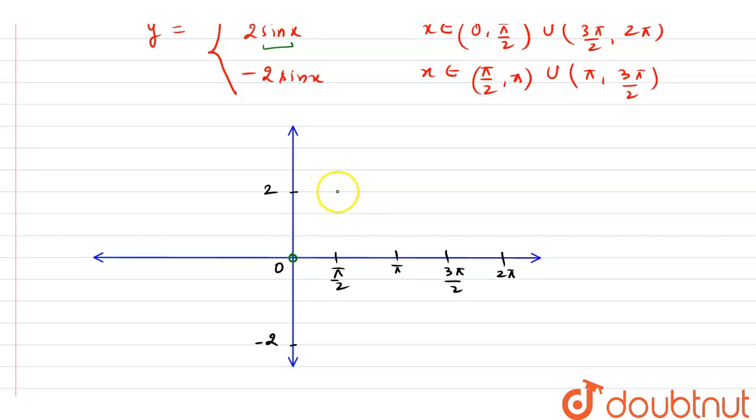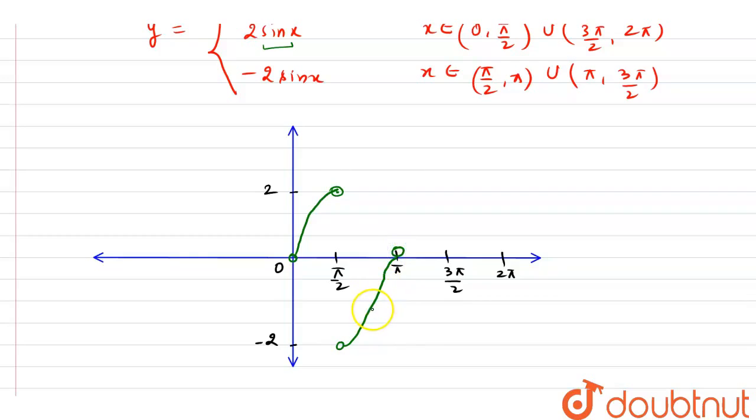So for 0 to pi by 2, your graph will be like this. Now for pi by 2 to pi, your graph will be minus 2 sin x. If you put pi by 2, you will get minus 2, that is here, and if you put pi, you will get 0. Your graph will look like this, right?